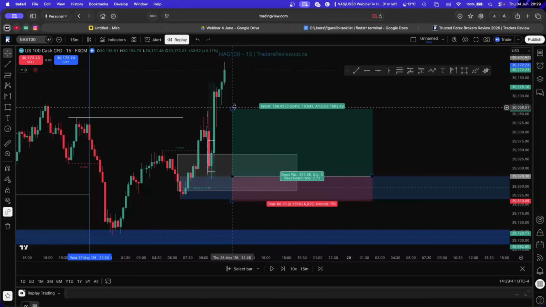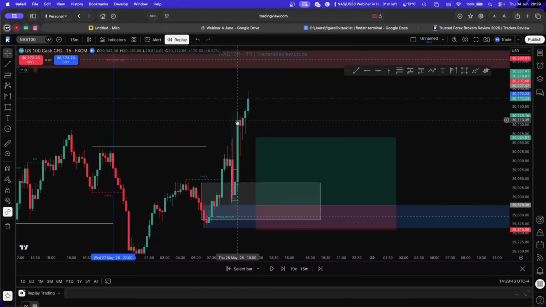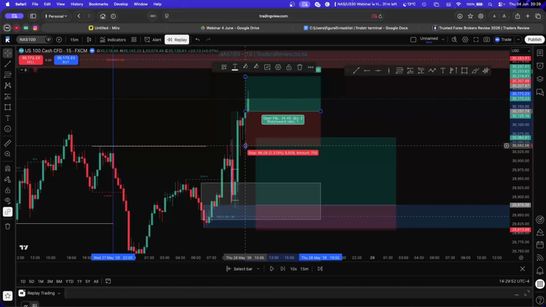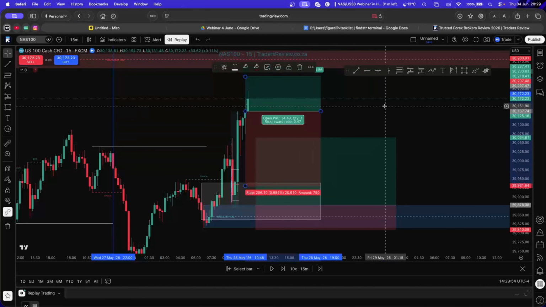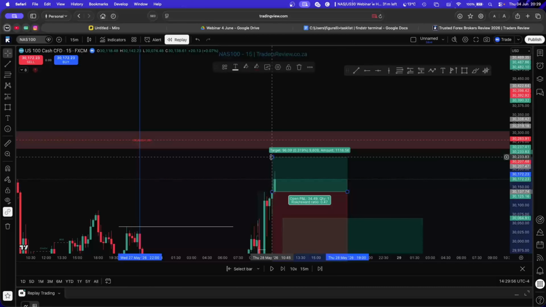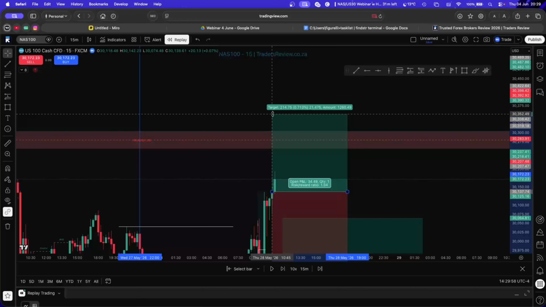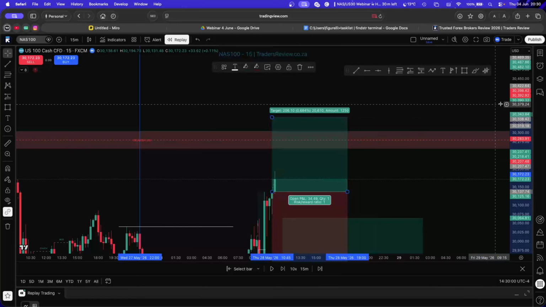There's my volume profile. And as you can see, 1, 2, 3. We entered right over there. Put your stops there, and then you can target at least a 1-to-1 for break even.